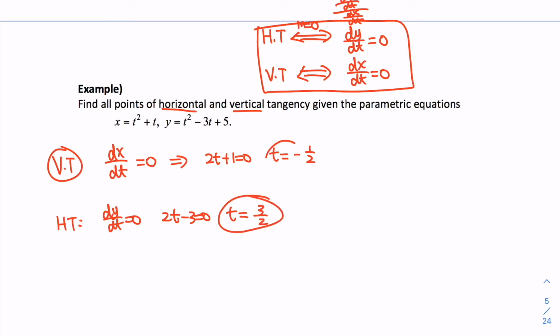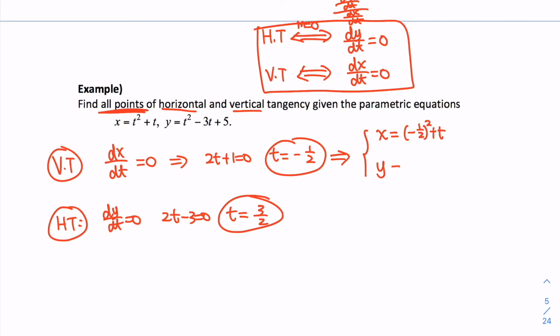So keep in mind, we are not looking for the t, we are looking for the points. We have to plug this into x and y. So x equals negative 1/2 squared plus 3 over 2 plus 5, and the point when t equals negative 1/2 is 11.